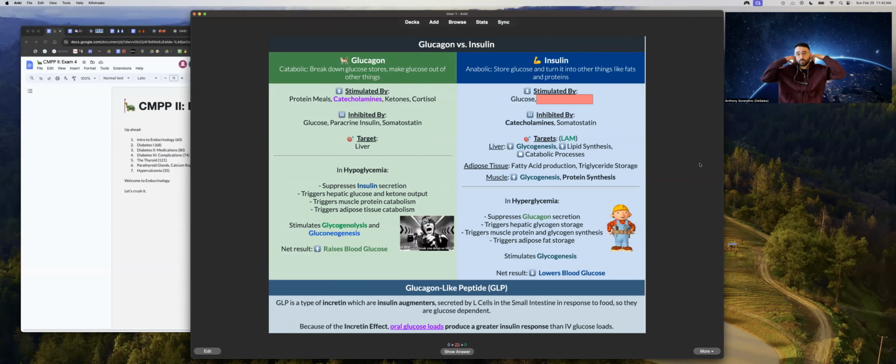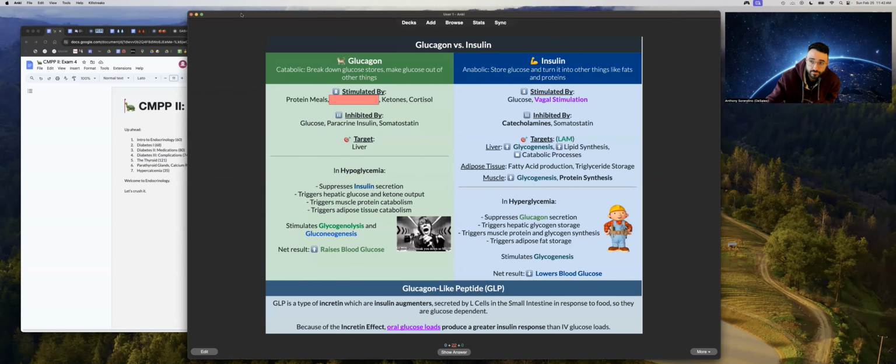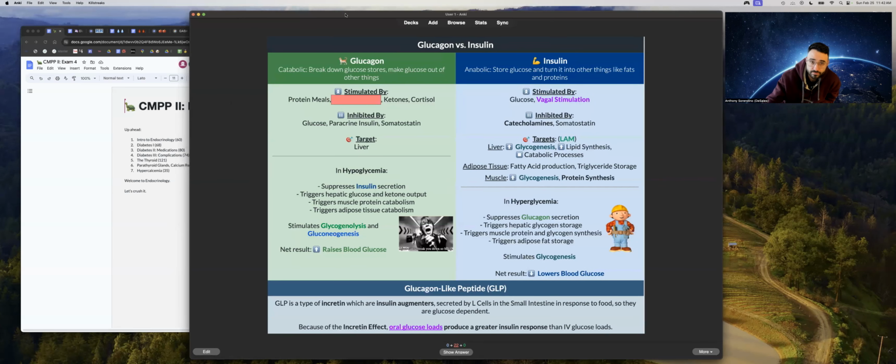Insulin stimulated by glucose and vagal stimulation. Glucagon stimulated by protein meals, ketones, and cortisol. What says, hey, we need some sugar?